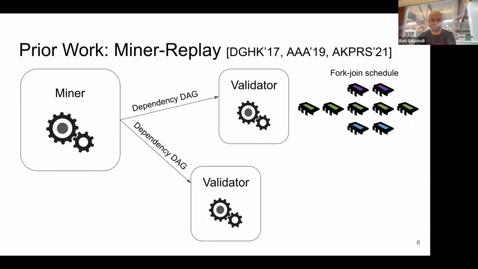And then the problem becomes significantly easier. Essentially, you can just do a fork-join schedule and run things that have dependencies resolved with the maximum amount of parallelism that is available and needed.